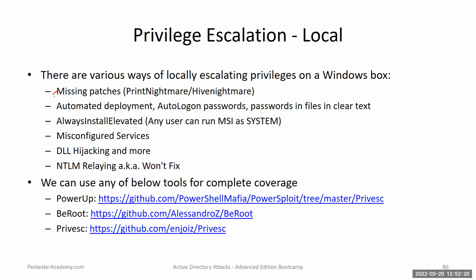Then there are tools for automated deployment that leave credentials in clear text in files like sysprep.xml or unattend.xml. That is something that we can always check. Auto login passwords in registry. What are auto login passwords? For industries where there is no one to log on to a machine, for example, in medical industry, kiosks, advertisement boards.